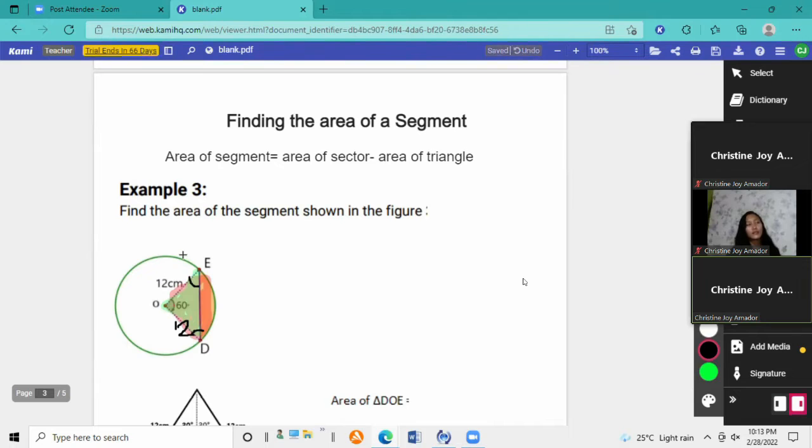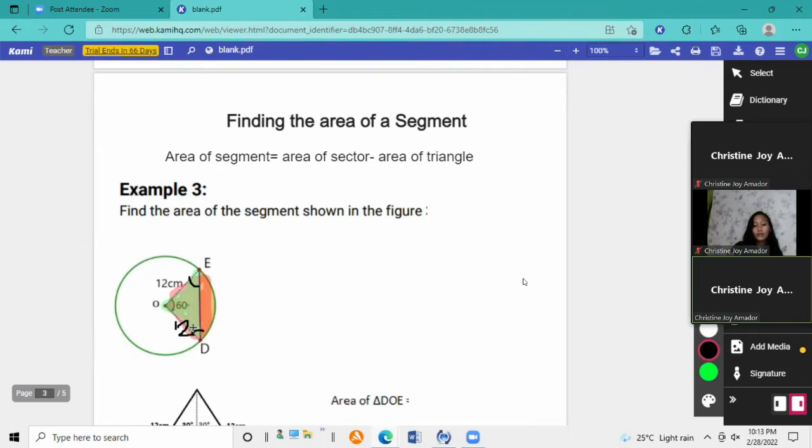What is the sum of the interior angles of a triangle? It is 180. So if this is 60, and we have the remaining two angles, 180 minus 60 is 120 degrees. The total of these two angles is 120 degrees.